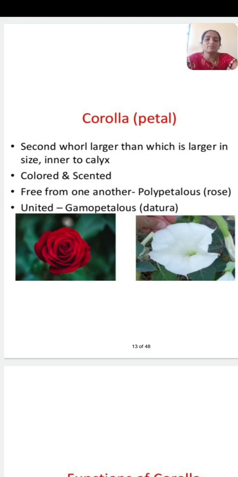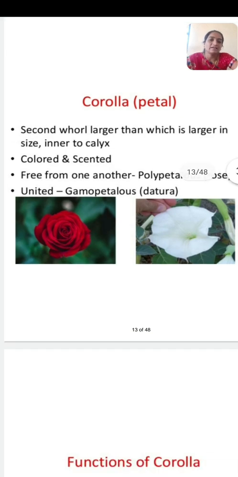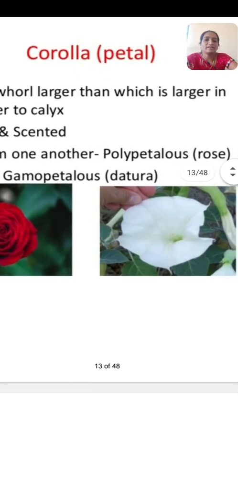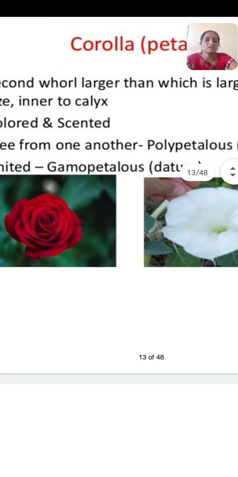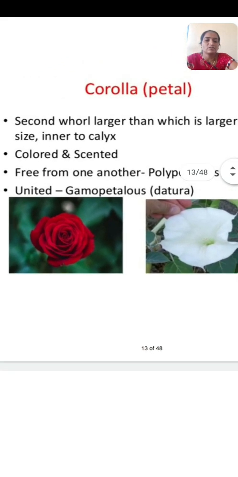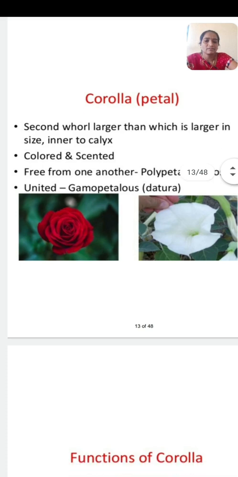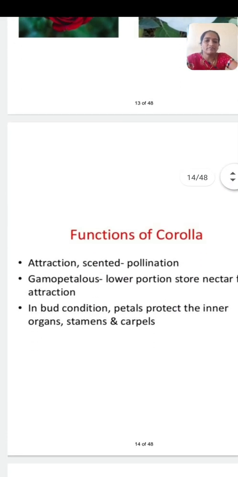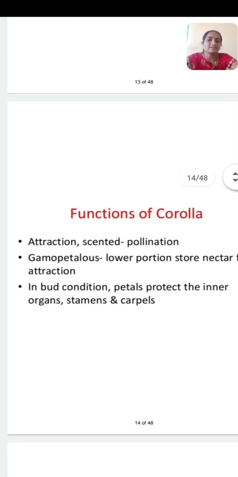If they are free from each other, then they are known as polypetalous. For example, rose. Each petal is free from each other. And second, if the petals are united with each other, then it is known as gamopetalous. For example, in case of datura, each petal is united with each other, and in case of rose, they are free from each other. Then functions of corolla: attraction and scent.